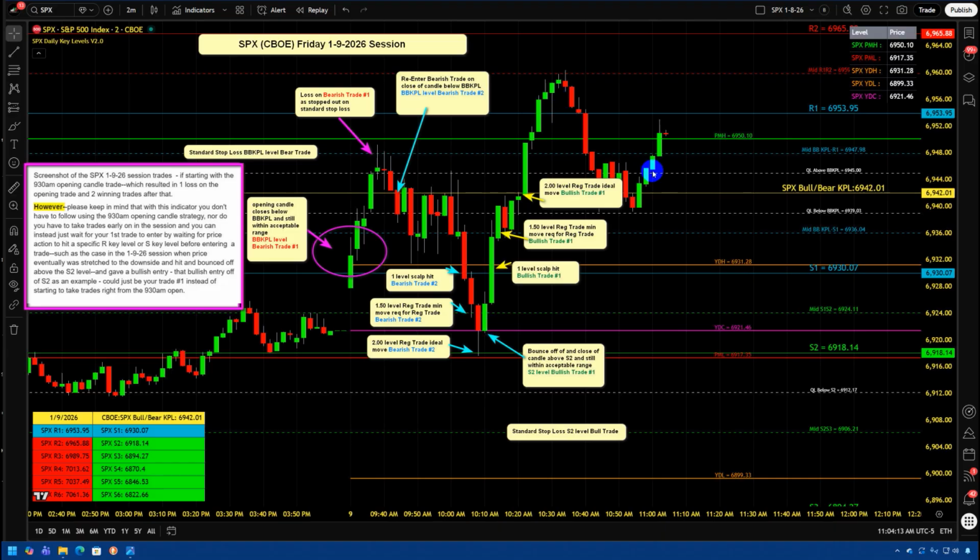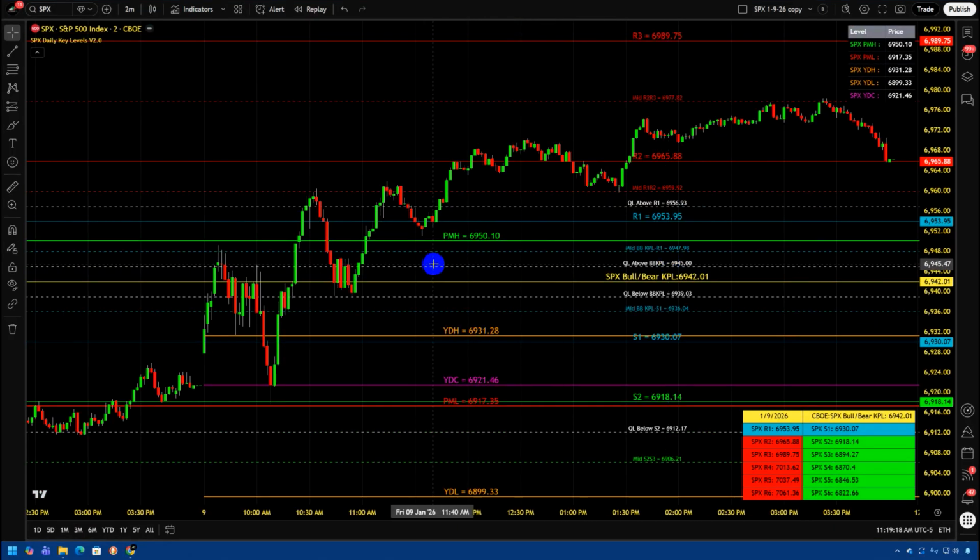And in this particular session later on, price continued to move up and even went up to R2 eventually later on in the session, and then also went up beyond that, which I can show you now. So as you can see here, this bounce off of S2, eventually it did go up to R2.